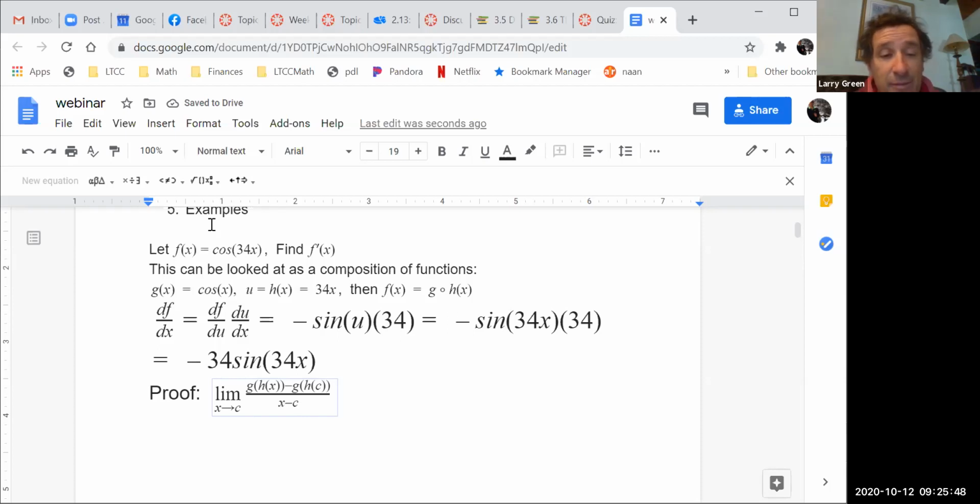We just had f of x minus f of c over x minus c, because that was the secant line way of thinking about it. But this is putting it together with composition. Any questions on that?